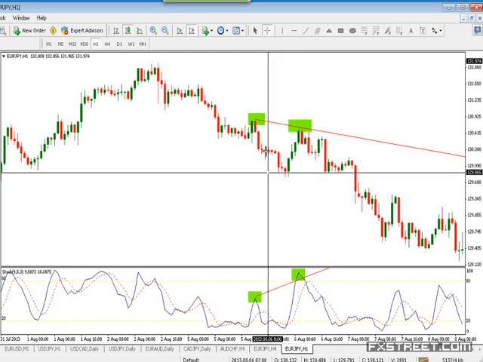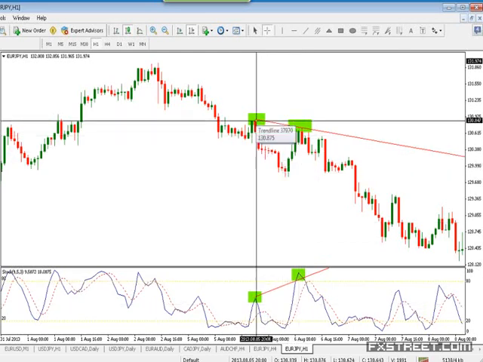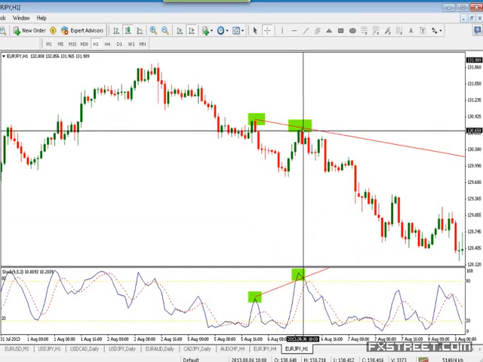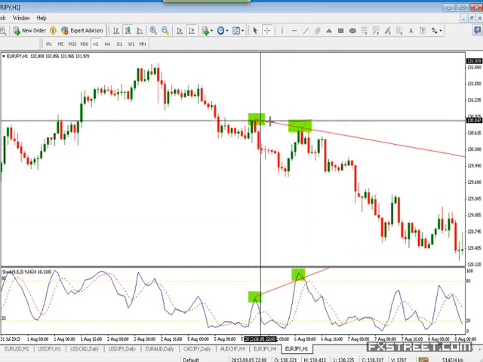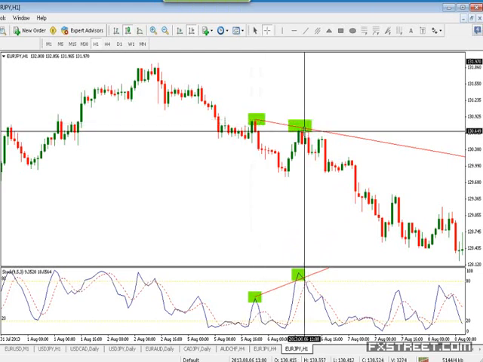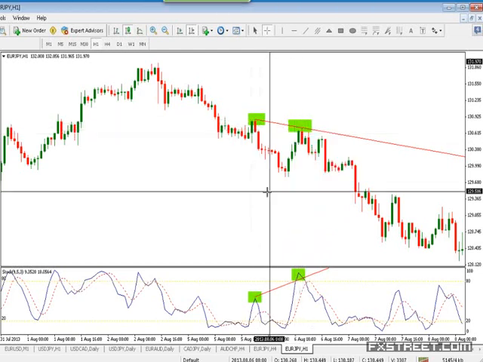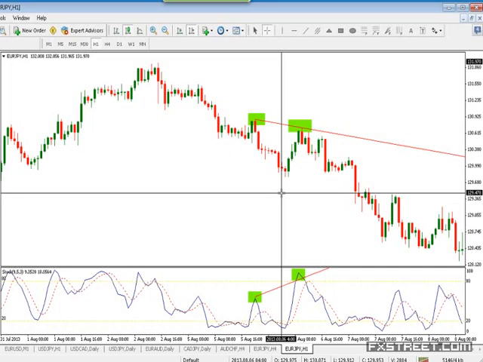where for a regular pullback in price, which in an existing downtrend makes a lower high. Now, when I talk about a regular pullback, that means price has not broken the previous high. The simple fact is that it remains lower than the previous high, which is a classical indication of the continuing of a trend. Right?